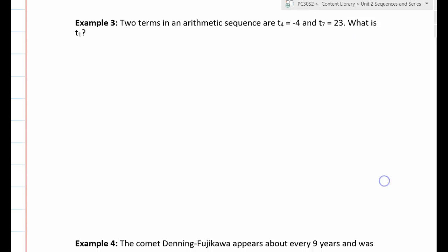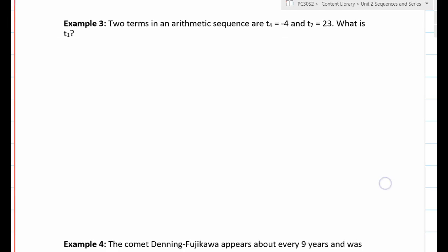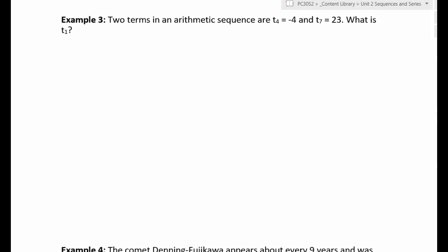Example 3 then digs into, okay, what about when we don't actually start with term 1? What if we have term 1, term 2, term 3 not known, and we're left with term 4 equals, I'm just going to change writing this, term 1, term 2, term 3, -4, term 5, term 6, and then term 7 is 23.